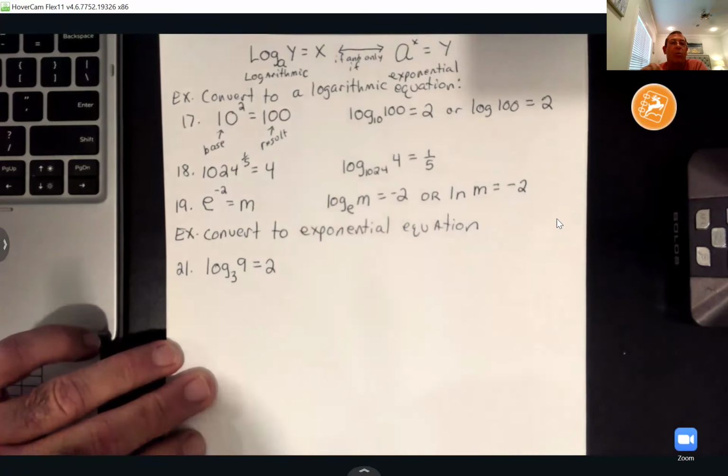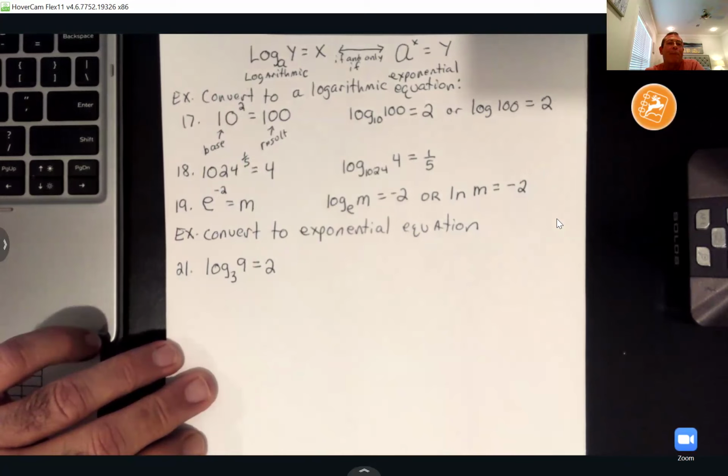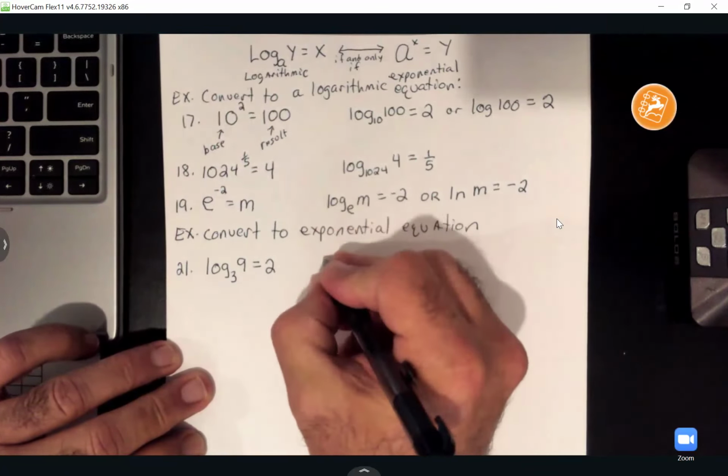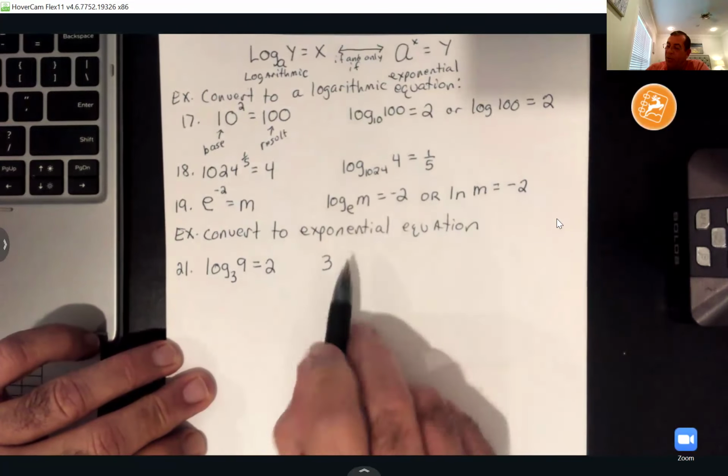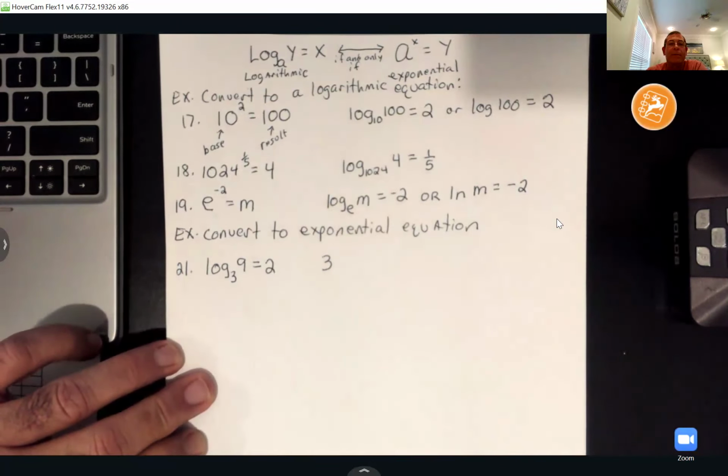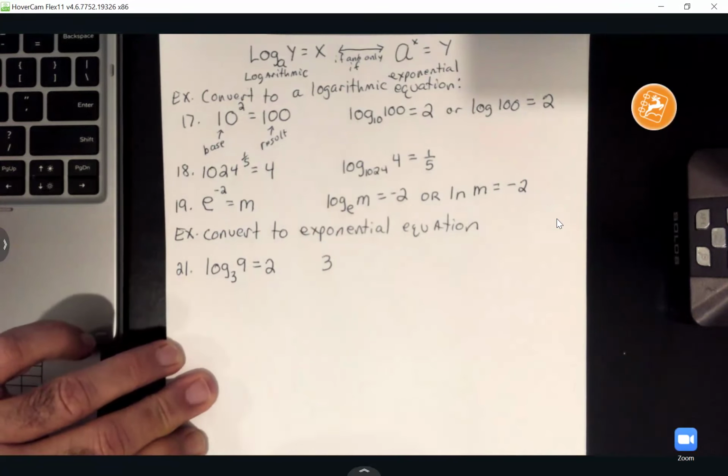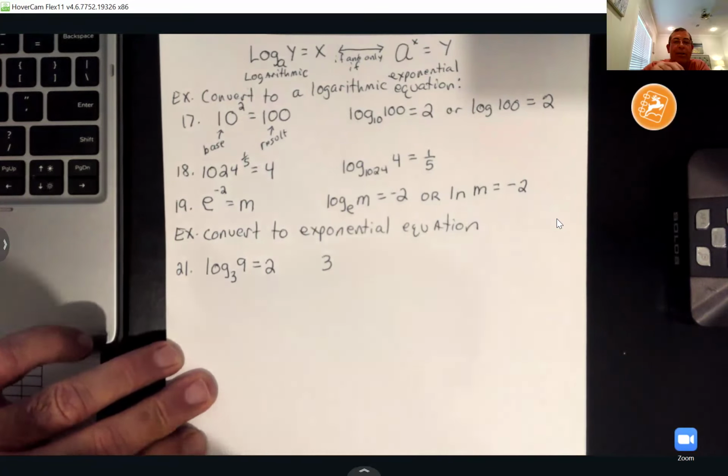Well, we got 3 numbers, y'all. Which one's my base for my exponential? It's going to be the 3. All right, what's my exponent? 9? Oh, so I got 2's and 9's.